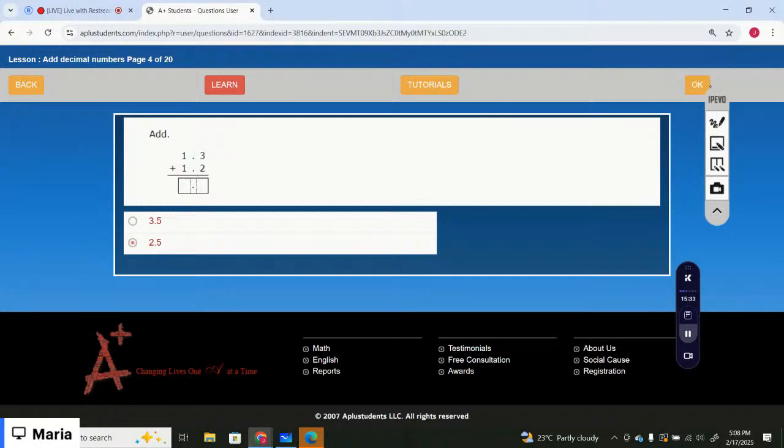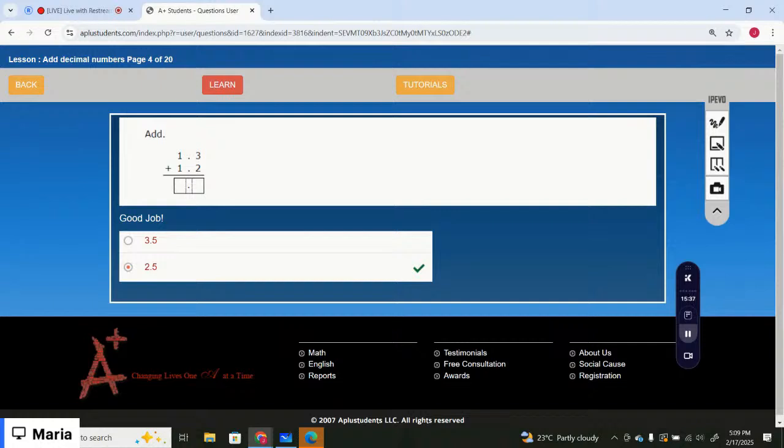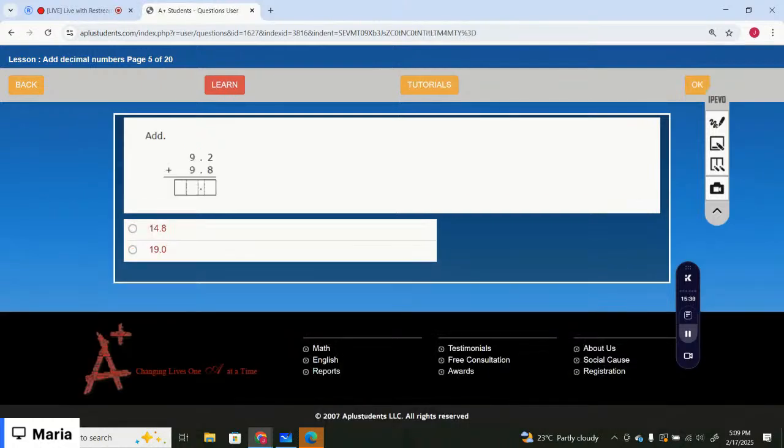Option number 2 is the correct option. 9.2 plus 9.8, which is the correct option?